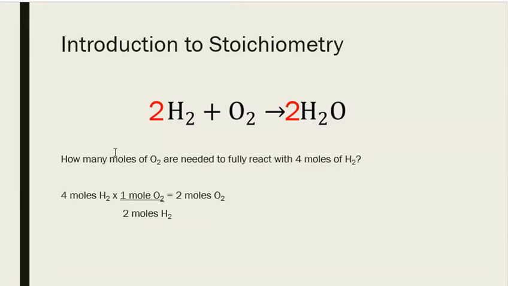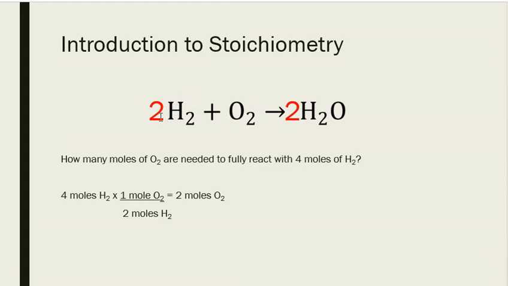So let's try another one. How many moles of oxygen are needed to fully react with 4 moles of hydrogen? So now we're looking at the ratio of oxygen and hydrogen. We start with what we're given, 4 moles of hydrogen, and moles of hydrogen again needs to go on the bottom so we can cancel out that unit. We have 1 mole of oxygen for every 2 moles of hydrogen.